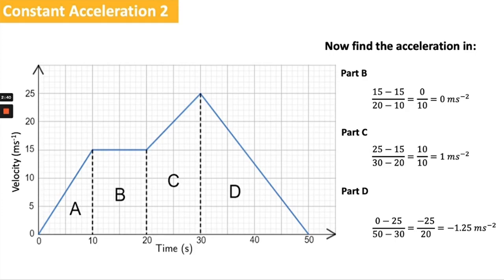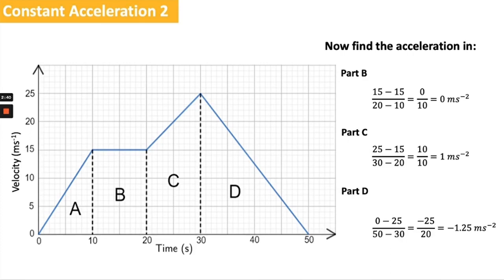And part D, a couple of things to point out immediately. We know that the velocity is reducing. So just be careful that you're doing this calculation in the correct order. We're going to take the final velocity here, which is 0, and subtract the original velocity, which was 25. That gives us the negative that we need within our final answer.